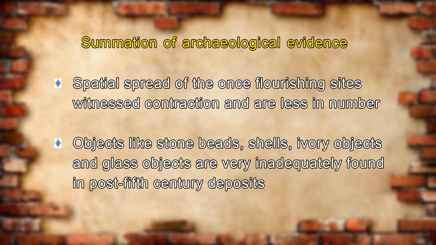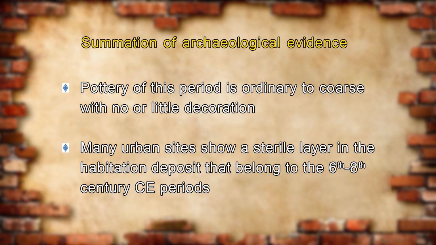Objects like stone beads, shells, ivory objects, and glass objects are very inadequately found in post 5th century deposits. The pottery of this period is ordinary to coarse with little or no decoration.